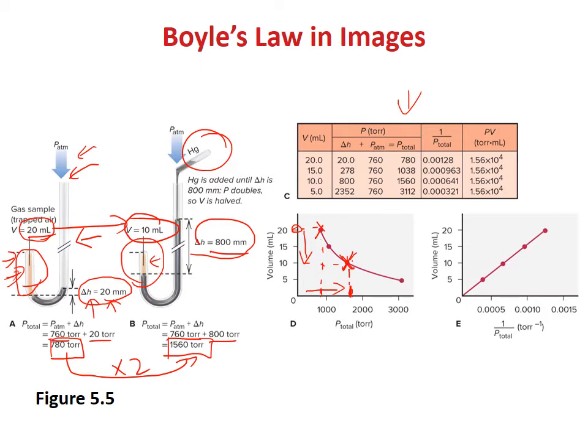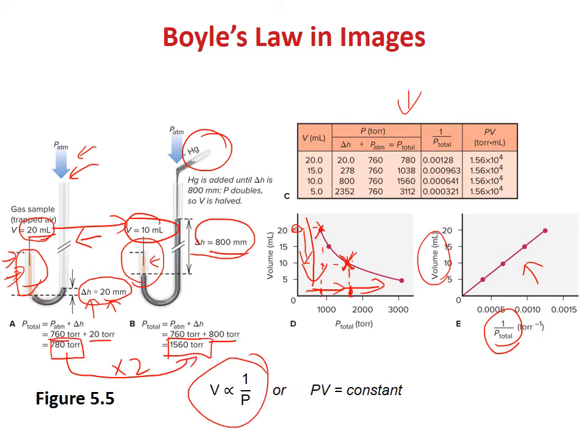So increase pressure, decrease volume. Pressure and volume are inversely proportional. If we plot volume against the inverse pressure, we get a straight line. And that's exactly what we talked about in the last slide. Volume and the inverse pressure are proportional, or pressure and volume are inversely proportional. The product is a constant.